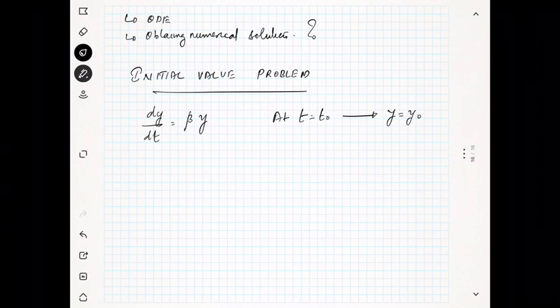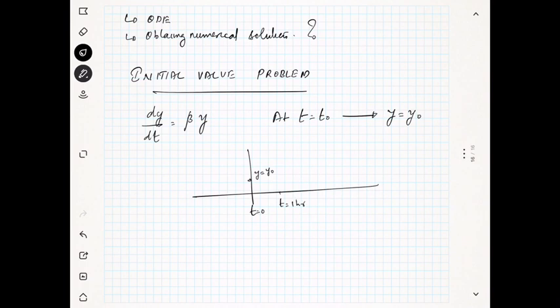Now at t equal to t0, you have this case, for example, y equal to y0, and you are starting from y0. That means you are starting from t equal to t0, you have y equal to y0. Then according to the differential equation, you will find at time t1 the value y1, and similarly at t2 you will find y2.